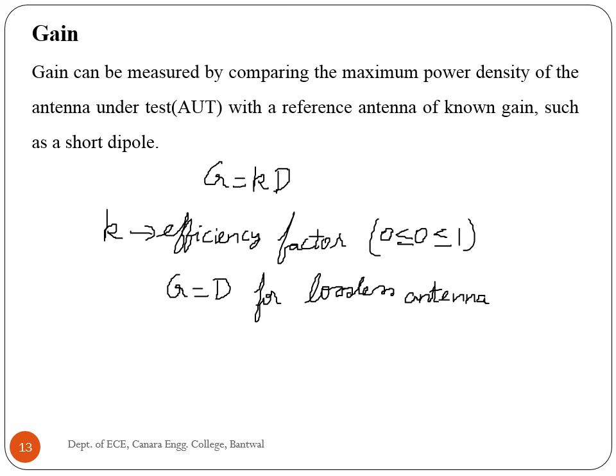Gain can be measured by comparing the maximum power density of the antenna under test with a reference antenna of known gain.